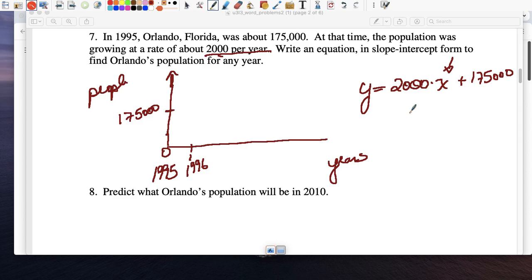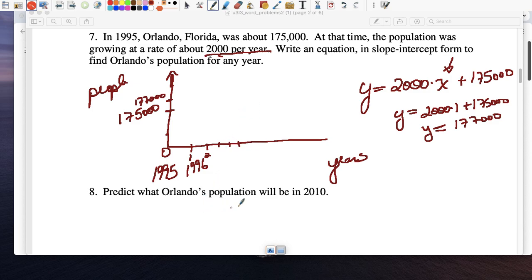Well, how many people would I have in this town? It would be 2,000 times 1 plus 175,000. And y would be equal to 177,000. So in 1996, I would have 177,000 people. And we could do this for year 2 or 1997, year 3, 1998, and so forth.